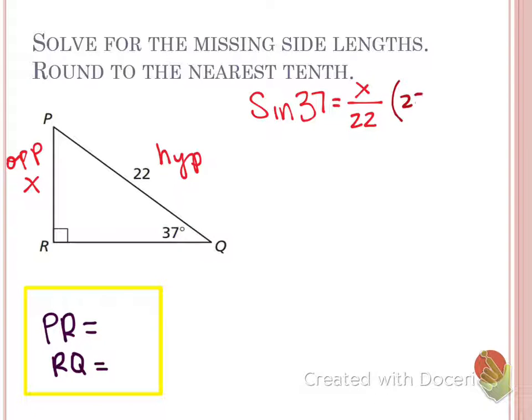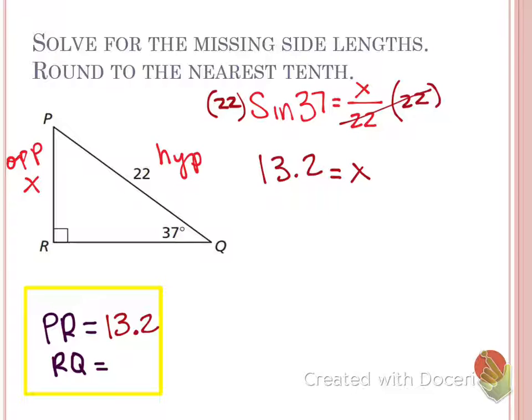No. Multiply times 22. We are rounding to the nearest tenth. So what do we get? 13.2. All right, so remember we made up the letter X. So we say PR, the length of PR is 13.2.